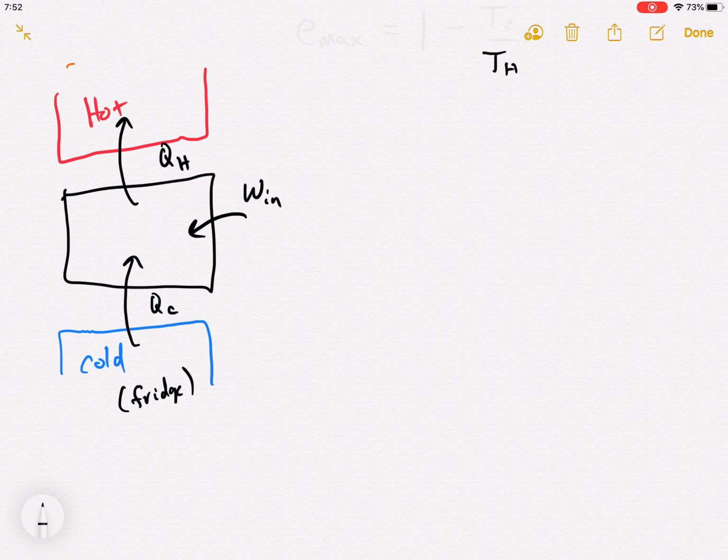That's Q cold. Then for the system to come back to its original state, it has to exhaust some of that energy, and that's the coils on the back of a fridge. If you've ever felt when a fridge is running, the back of the fridge is hot. That's Q hot dumping back into the room.